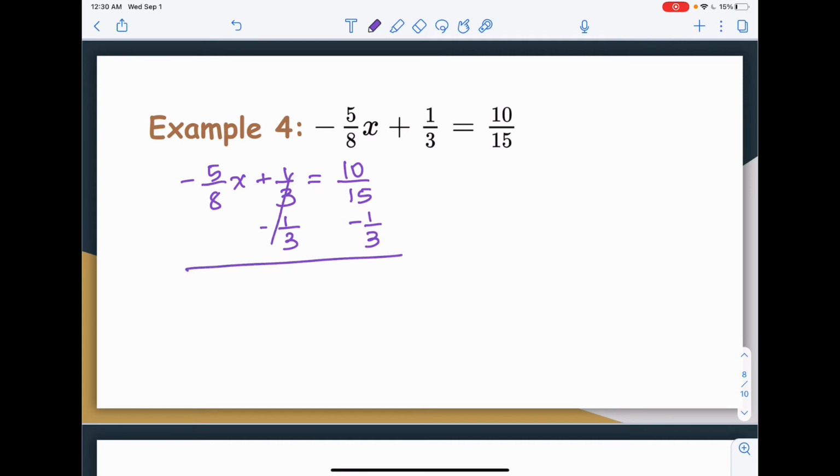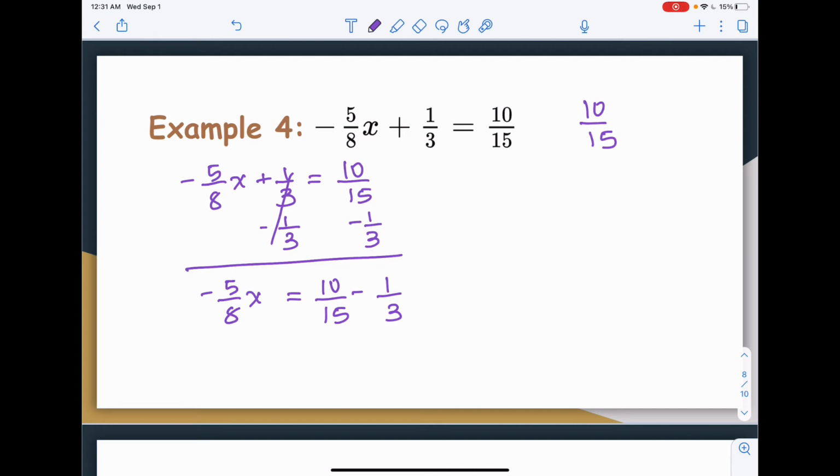And then we have negative 5 over 8x is equal to 10 over 15 minus 1 over 3. So two things we can do here. We can simplify 10 over 15, or we can create equivalent fractions by making the denominators the same.